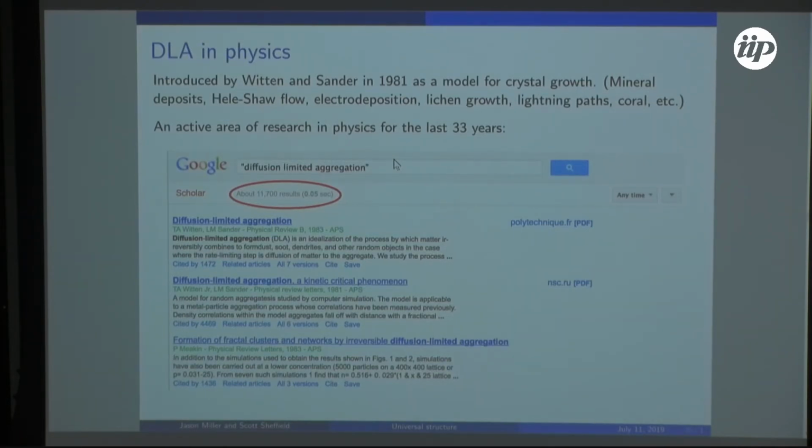But I looked through the top 500, and I think only 4 of the top 500 were in math journals. The rest were mostly physics, people doing simulations and studying variants of these things. It's because in physics you can publish a paper by just doing the simulations and understanding what's going on. And in math you have to prove a theorem, and it's very hard to prove theorems about DLA, it turns out. There are very few theorems.